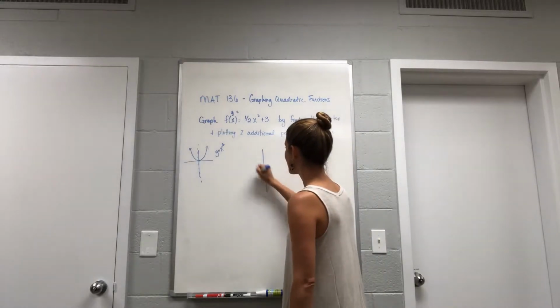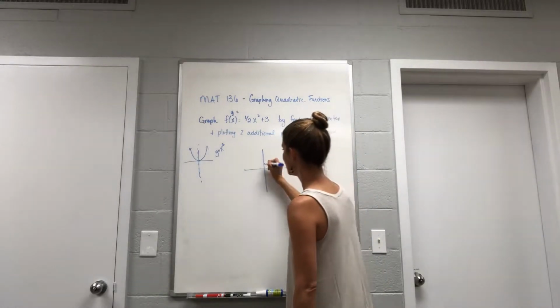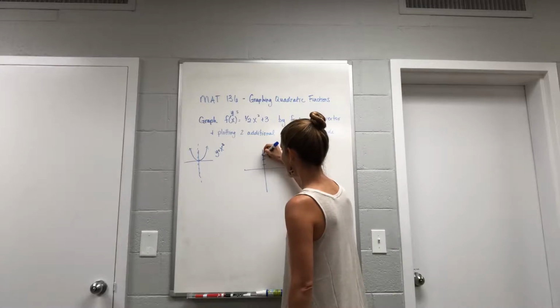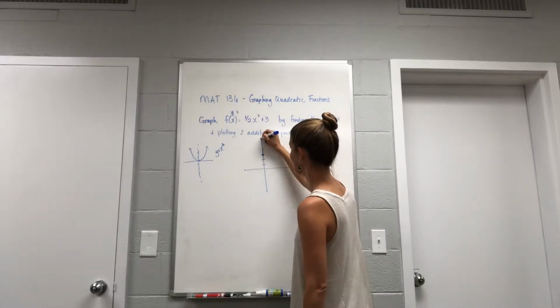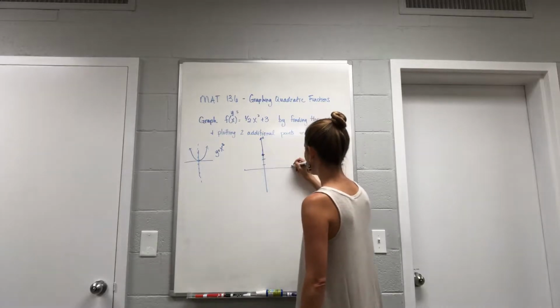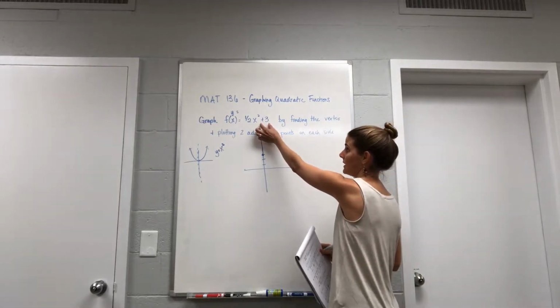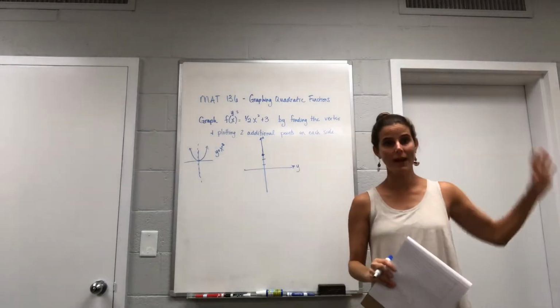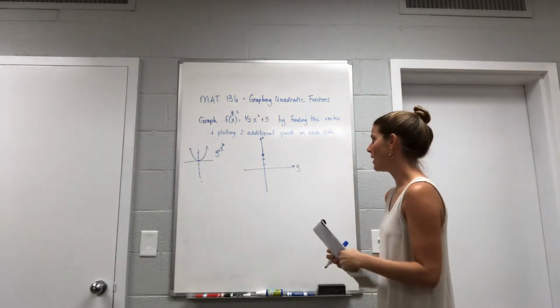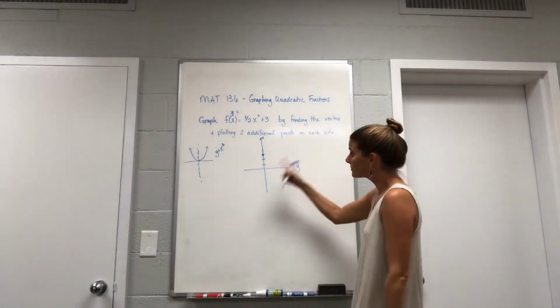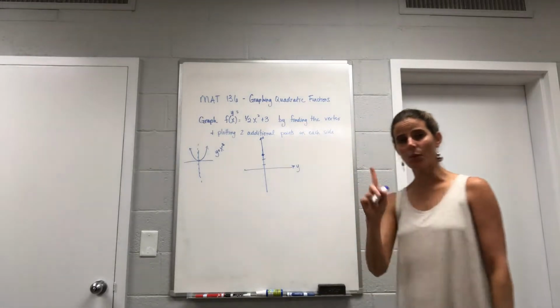So we know that the vertex of this graph that we're trying to do here is at 3, because it's taking that shift up. So anytime you have that plus 3 or minus whatever, it's shifting up or down based on that number. All right, so that gives me the vertex. That gives me 1 point in my graph.